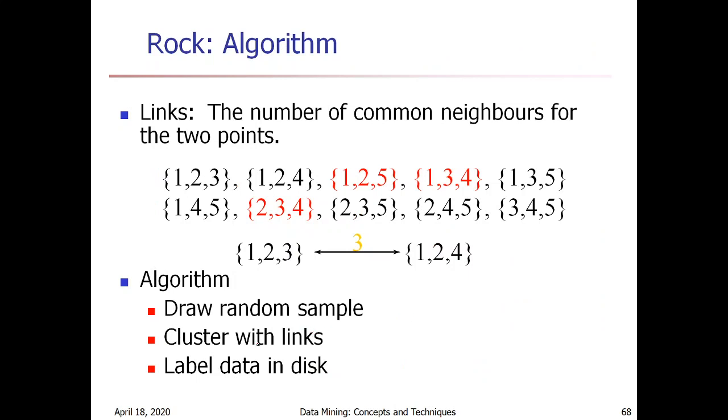We can take the common values, like if you have 1, 2, 3 and 1, 2, 4, the neighbors having the common values are 1, 2, 5, 1, that is, if more than 2 points exist, you can take those points, and 1, 3, 4 and 2, 3, 4. So like this we are going to find out, and if those points have the similarity, we can merge those points.